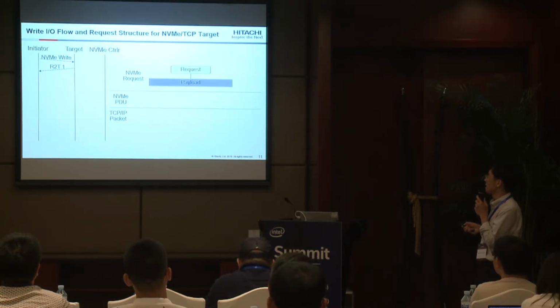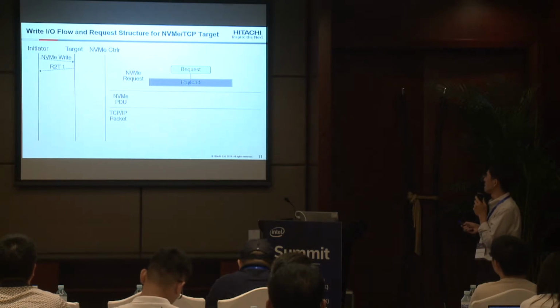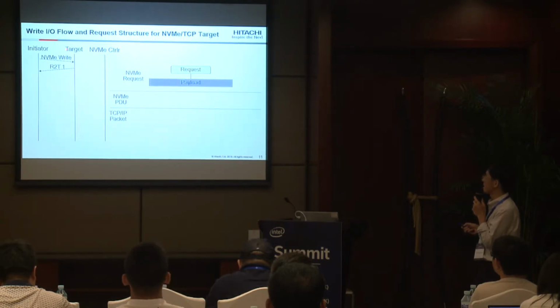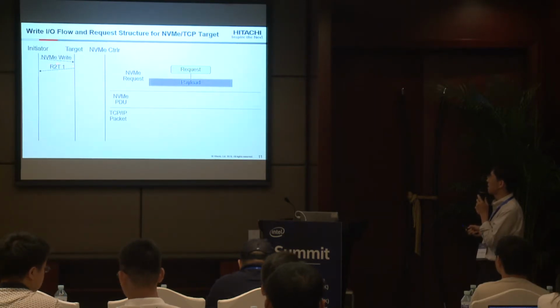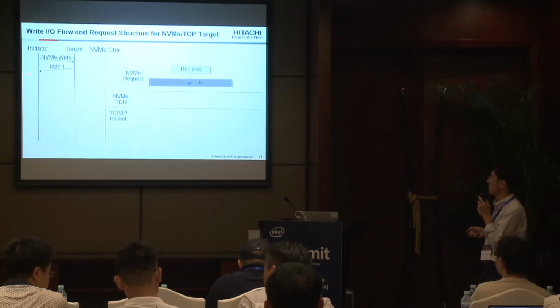When the target receives the NVMe write, the target allocates a request, and in this case the target knows the total size of the data and can allocate the total buffers for the payload, and then the target sends a request to the initiator to send the first split I/O.